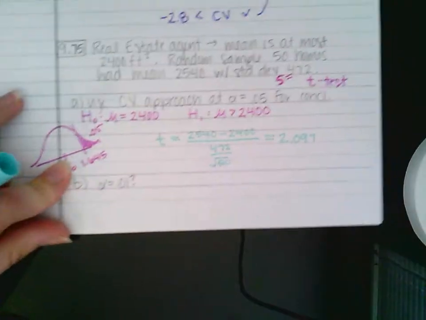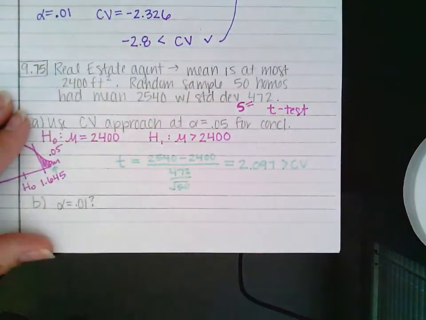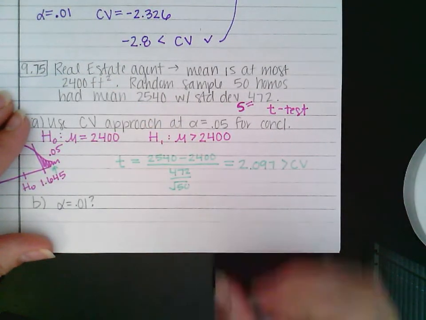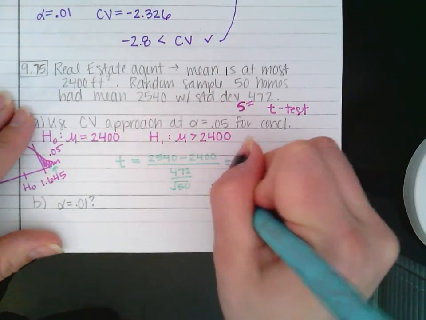That is larger than my critical value. I am outside that bound here, and so I have significant evidence to reject H0.